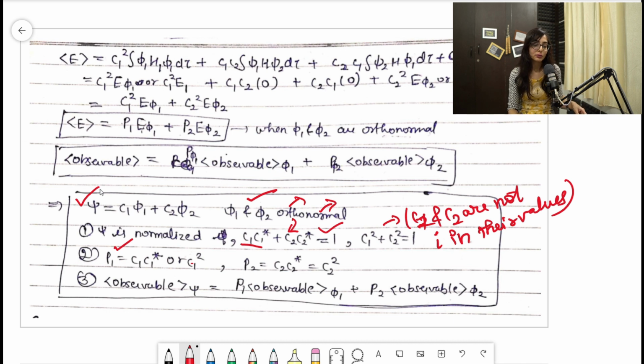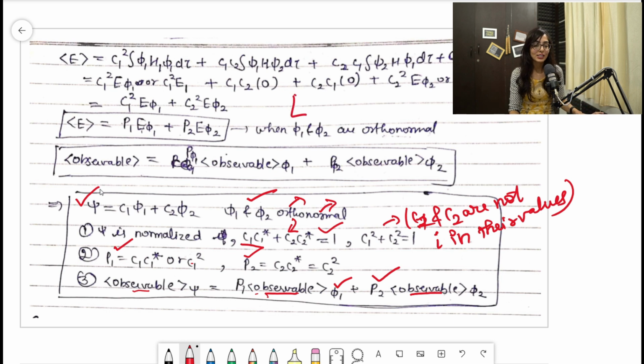Clear? And the probability of finding the particle in the second state, that is C2 into C2 star, is equal to C2 square. And then the observable value, any observable, that energy value, L square value or Lz value, would come with probability P1. Clear? The P1 and the observable value corresponding to the first state, and then probability P2, and then the observable corresponding to the other state.